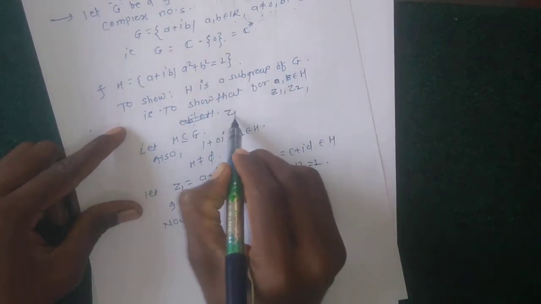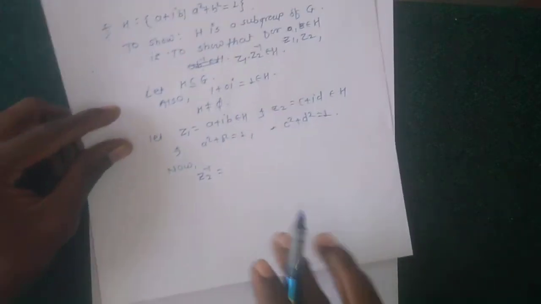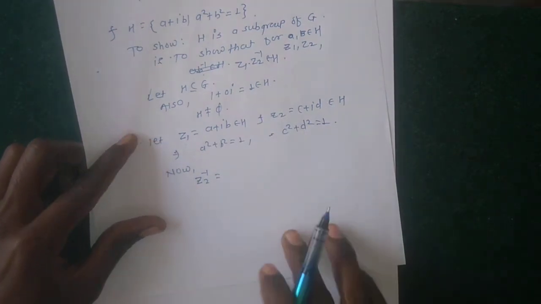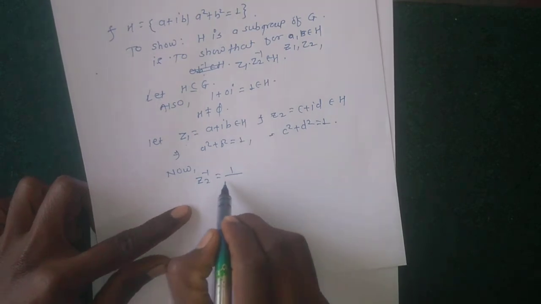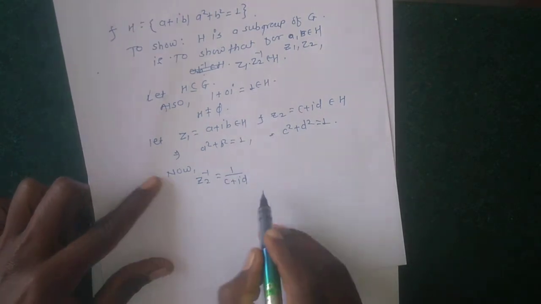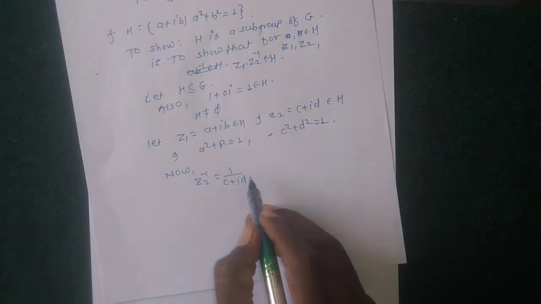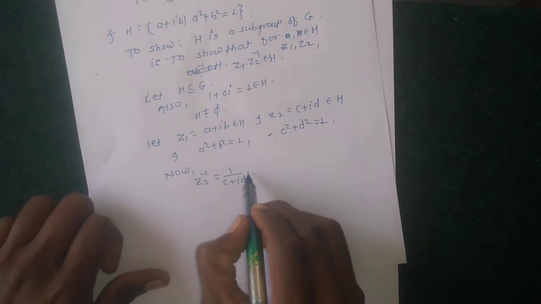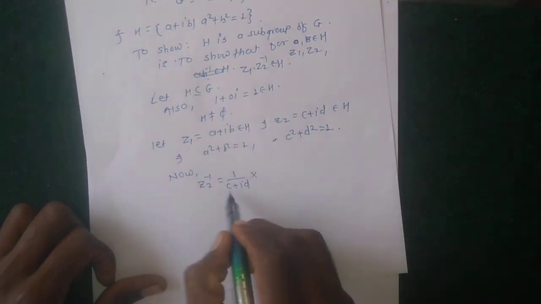Similarly, Z1 into Z2 inverse belongs to H, because here we are choosing elements Z1, Z2. Therefore the inverse of Z2 is of the form 1 upon c plus id. But how to find the inverse element of Z2? We multiply and divide by the complex conjugate.